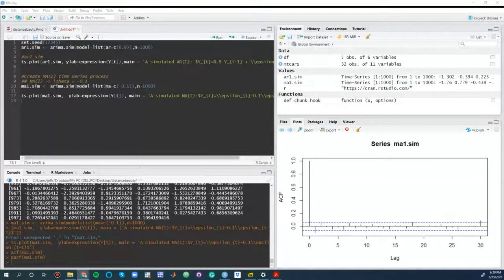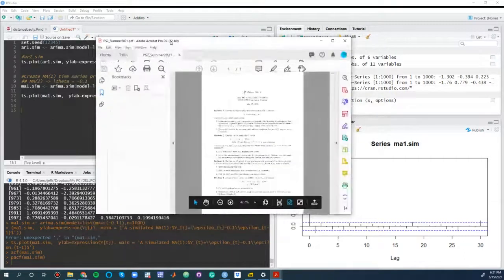Again, we need to define a seed first. So let's say we let C equal phi equal to negative 0.6 and theta equal to 0.5. Take a look at this.